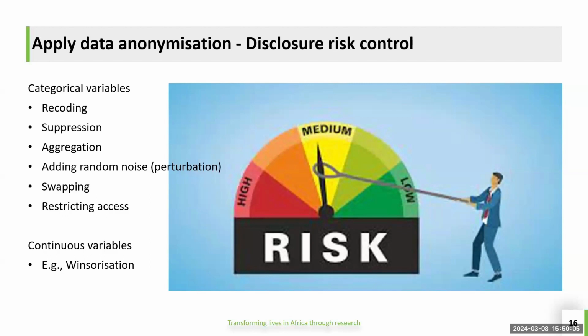So we assessed the risk in the previous slide. Here I'm showing the control of that risk by applying some anonymization, and how we do that for the different types of variables, between the continuous and the categorical ones.